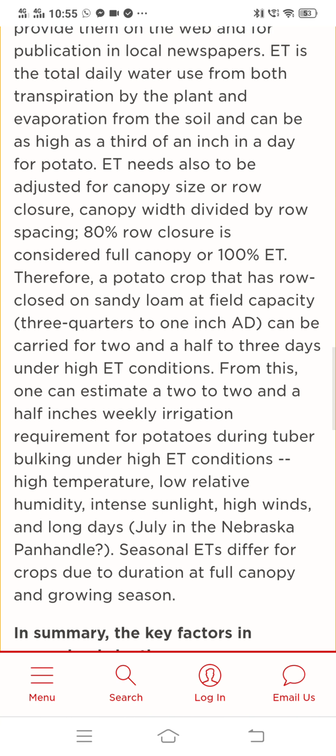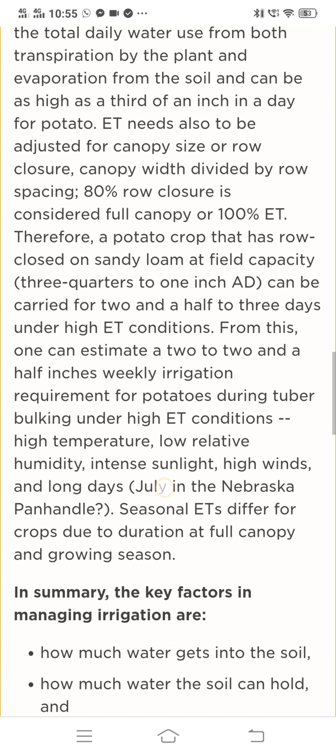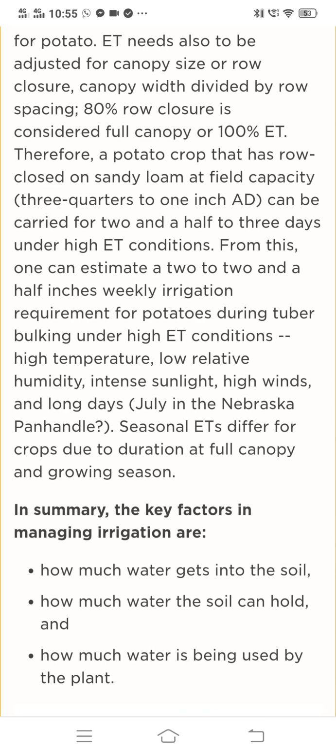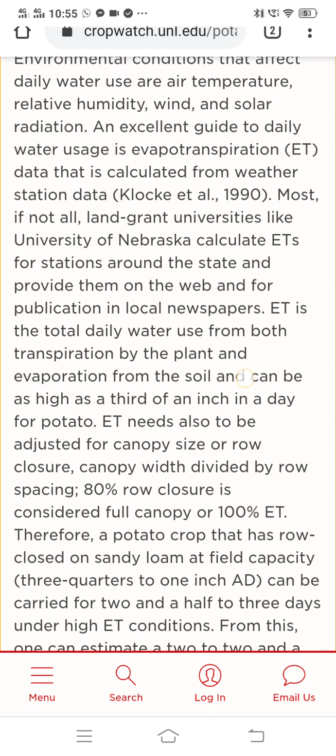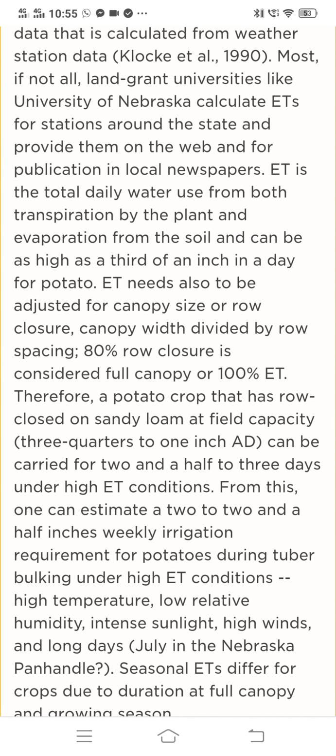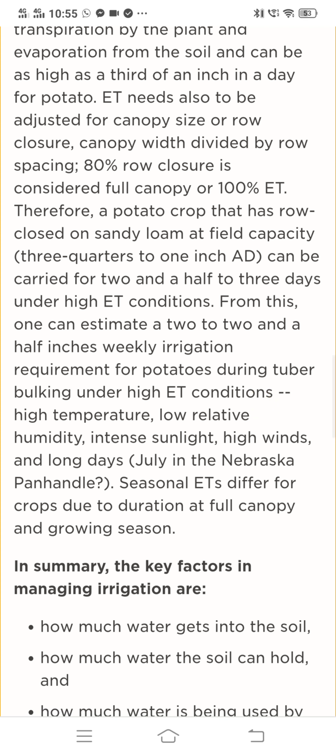So, this takes into account both sides, the plant evaporation as well as the soil evaporation. And so it is a very useful tool, the evapotranspiration data. So you can understand for any crop how it works.